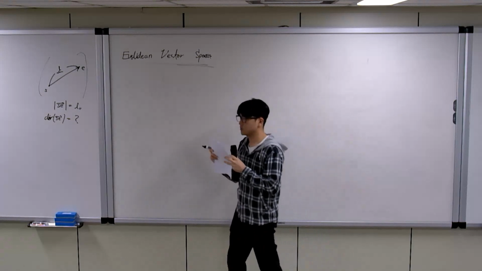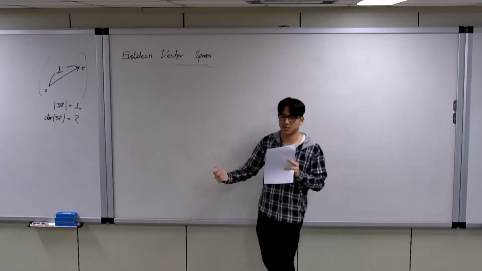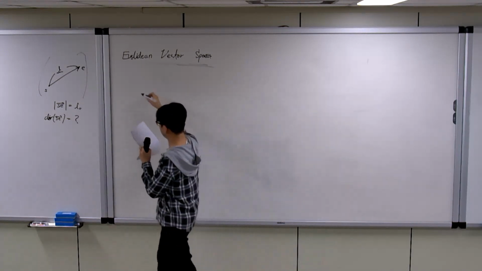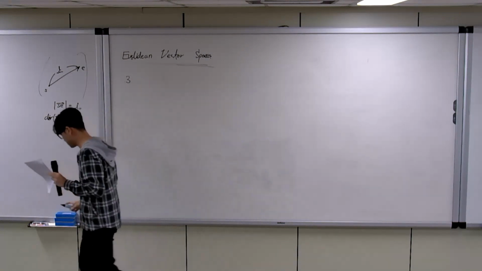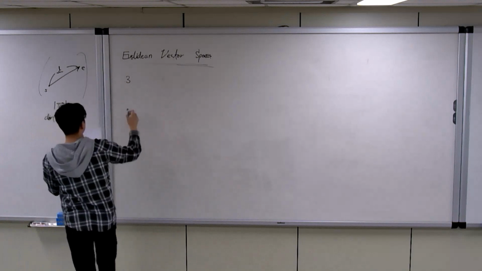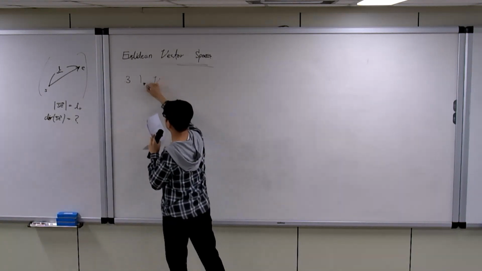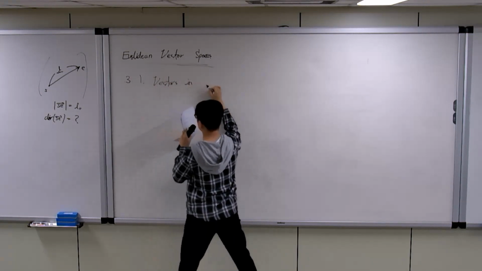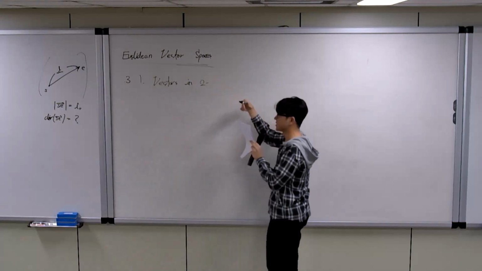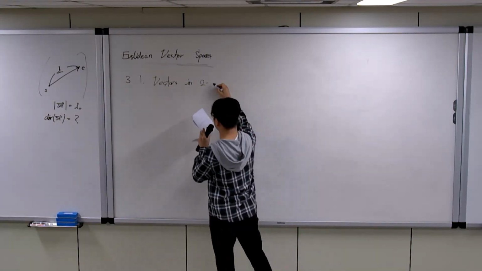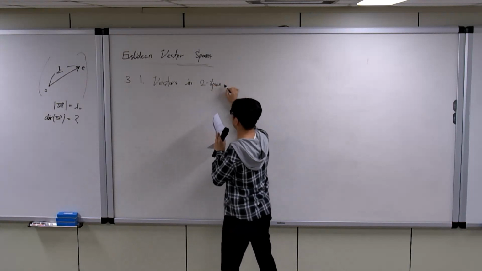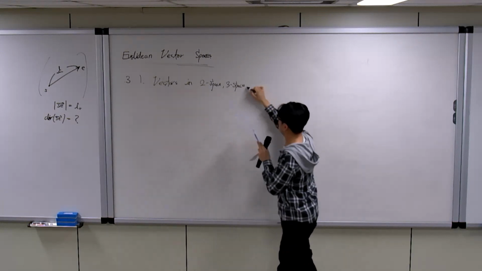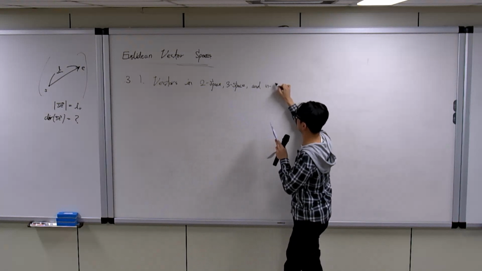In my opinion, this section is fairly close to geometry. First, I will introduce vector space, and I will generalize from two-dimensional vector space and three-dimensional vector space to n-dimensional vector space.